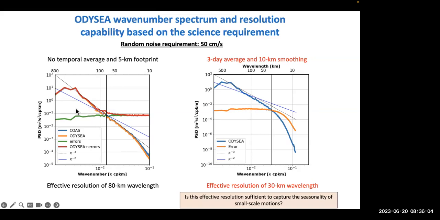So a large part of the mission concentrates on improving those errors, either through improvement of the geophysical model function or through a better estimation and characterization of the pointing of the spacecraft, which is the dominant long wavelength error that we need to talk about, and is not included in this 50 centimeters per second.